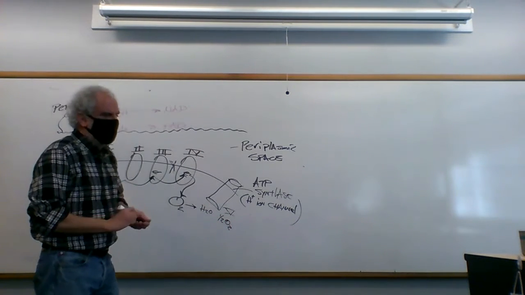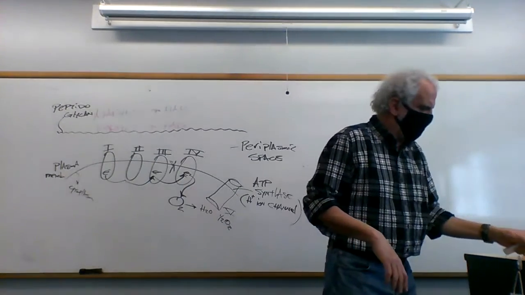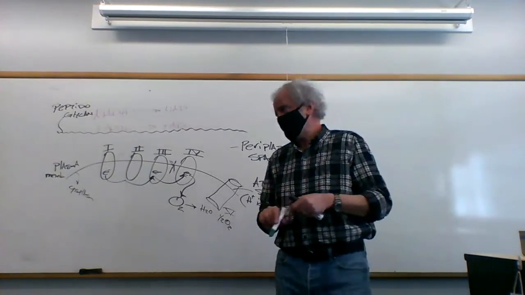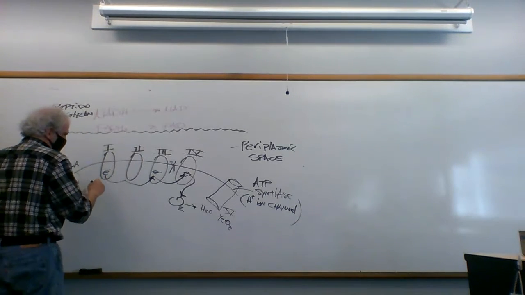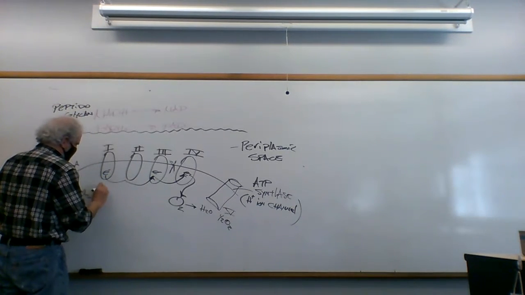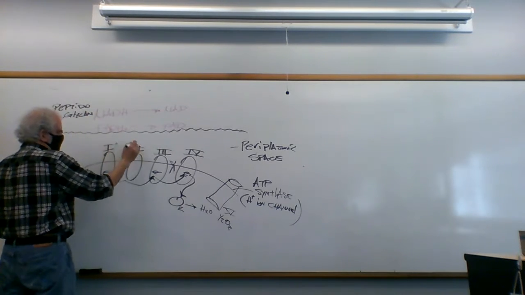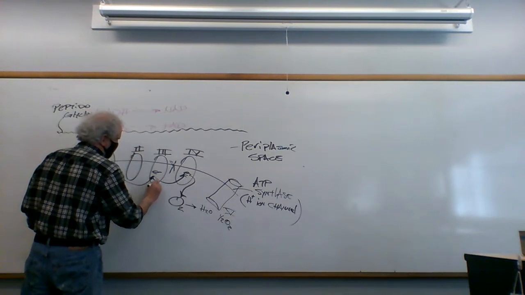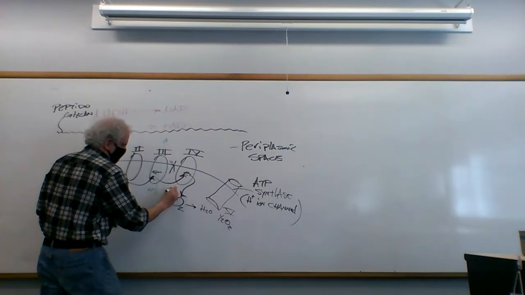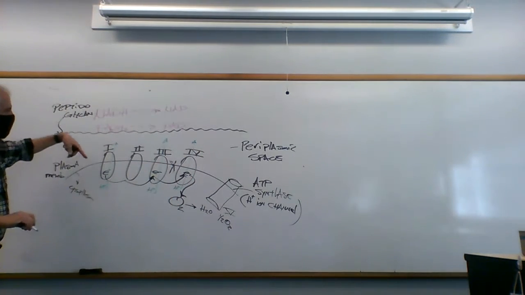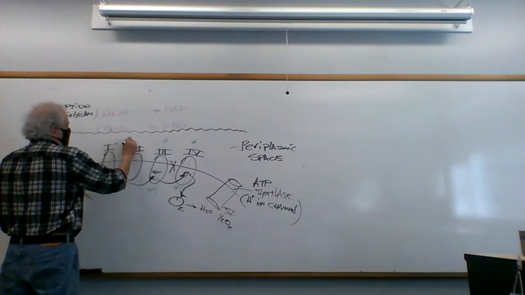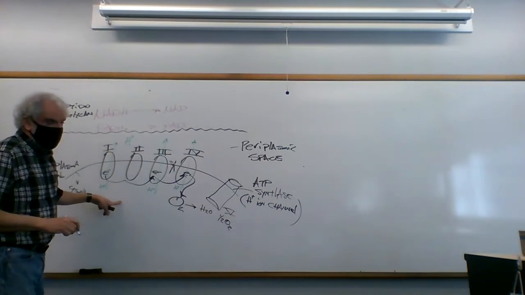And for completeness' sake, remember that each time an electron is passing through complex 1, 3, and 4, a hydrogen ion is being pumped out. And so we end up changing the pH in these two different spots, in that we put a bunch of hydrogen ions out here and not very many here.